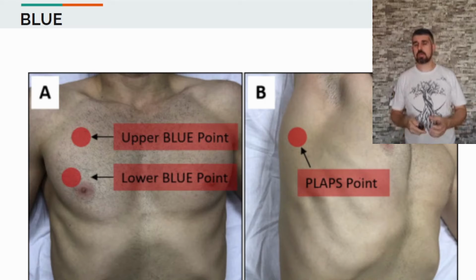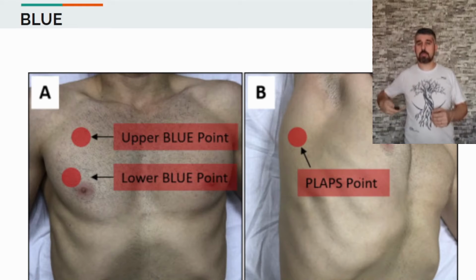The BLUE helps us identify a lot of lung pathologies, pneumonia, pneumothorax, and several other cases that we can use.